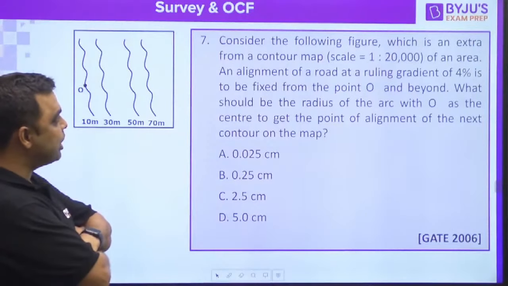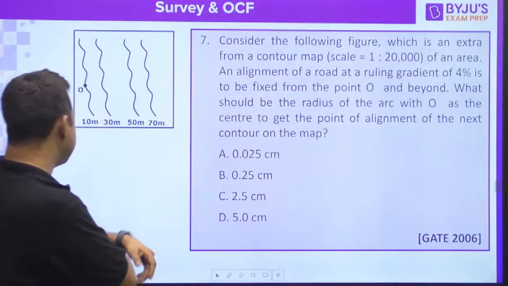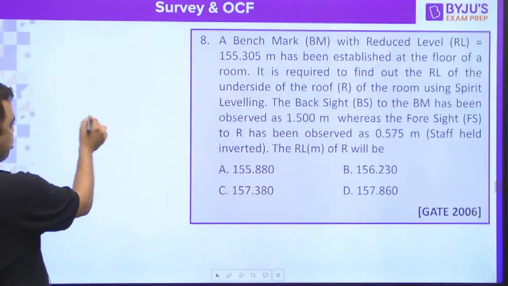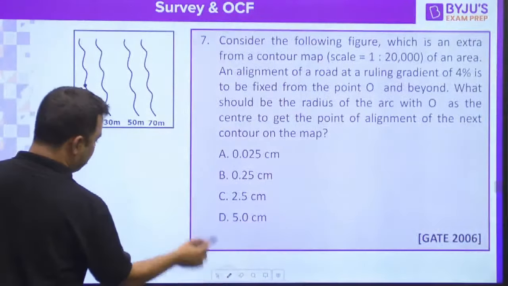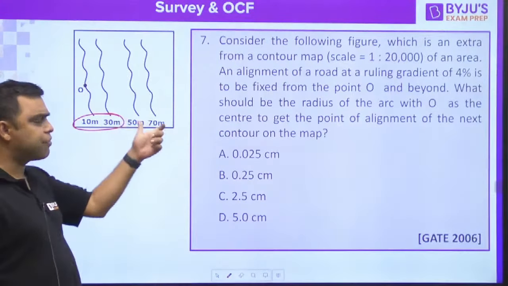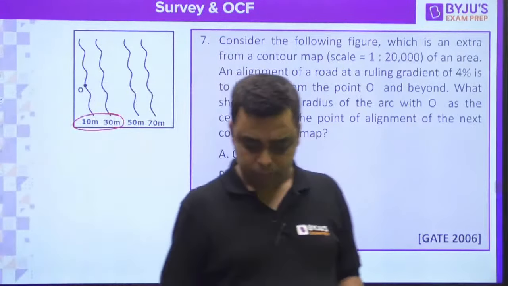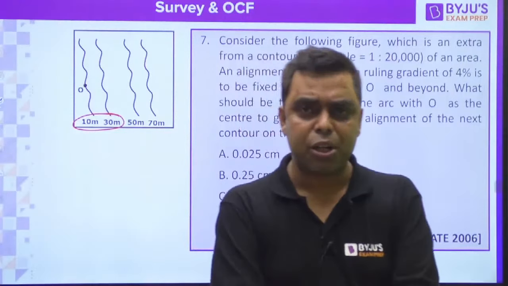See, what is the ruling gradient? 4%, right? And how much is the contour interval? 20 meter. Can you see over here? 10 meter, 30, 50, 70. So the contour interval is 20 meter.